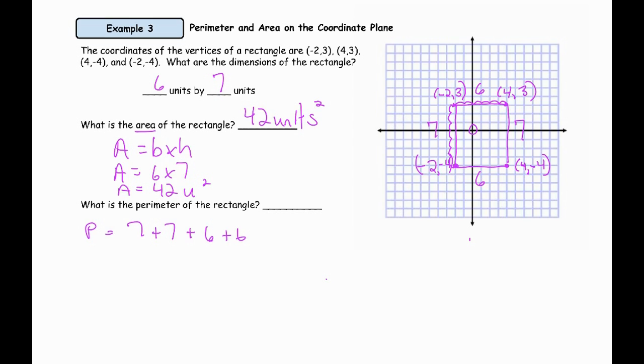And we can clearly see we are actually adding 14 plus 12, and our perimeter is 26 units. So we have now found both the area and the perimeter of the rectangle.